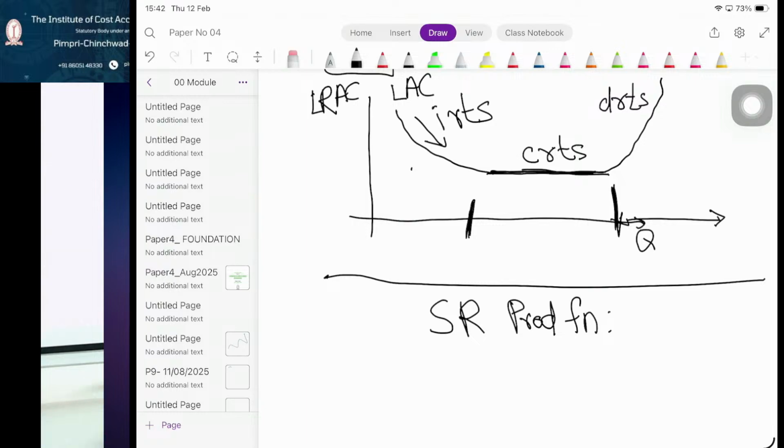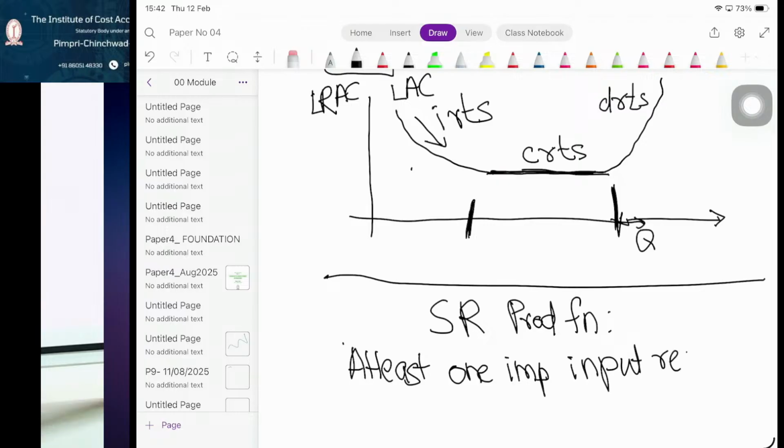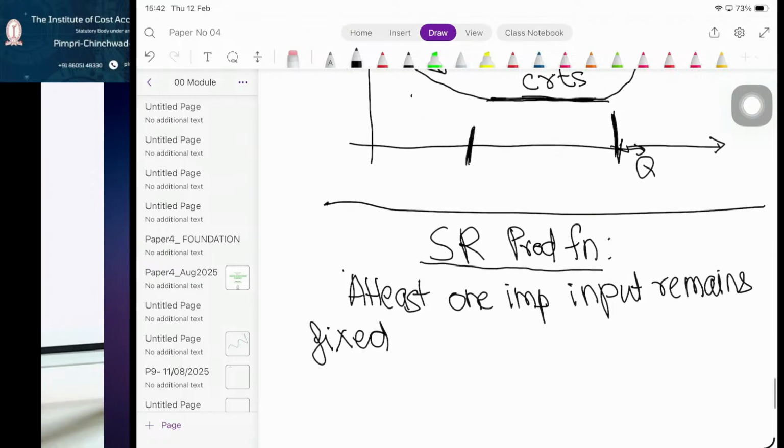Okay, at least one important input remains fixed. That is our short run production function.